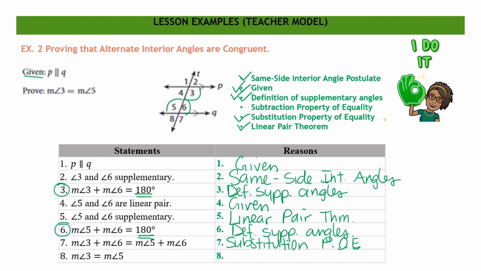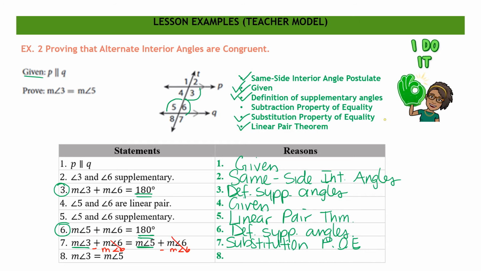Now, if I want to prove that the measure of angle 3 is equal to the measure of angle 5, that means I can get rid of one of these angles on both sides of my equation. I can balance my equation by subtracting the measure of angle 6 from both sides.